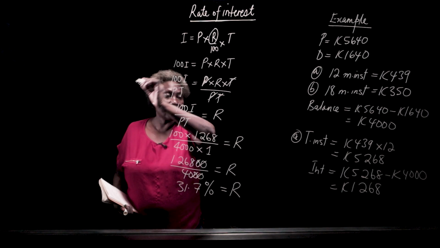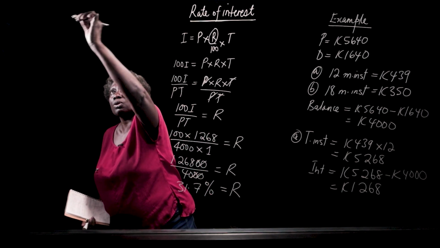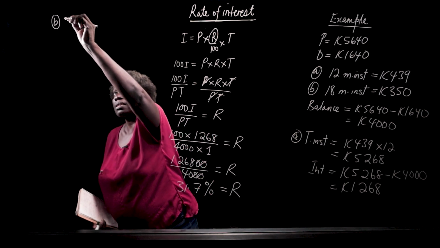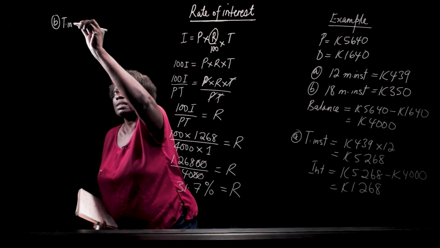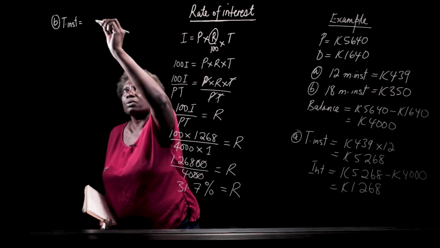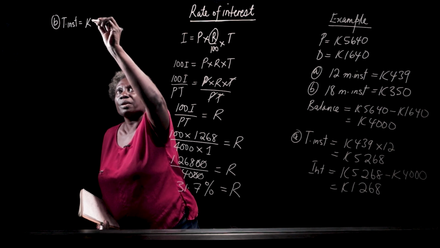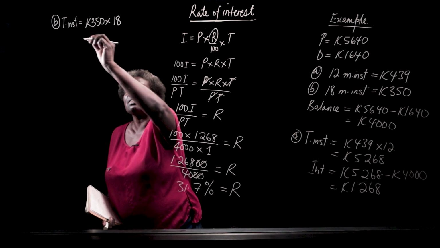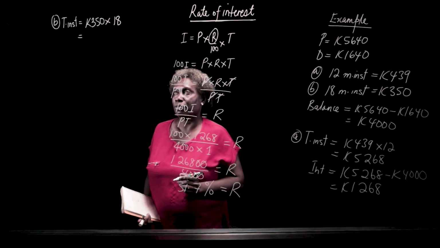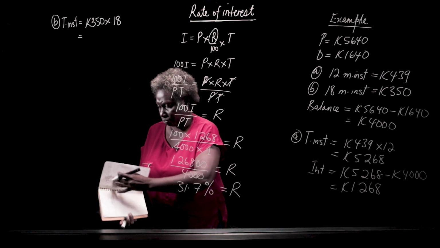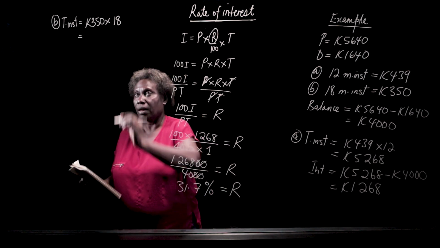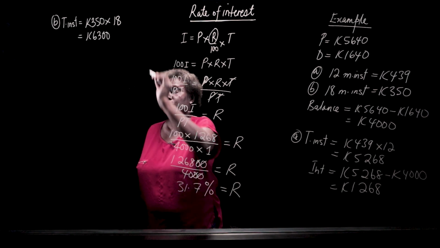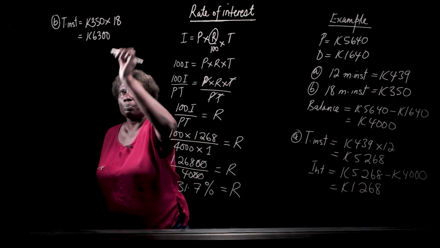Again, we are going to calculate the total installment for option B. Total installments is equal to 350 kina, which is the monthly installment, times 18, because she is going to make the payment for 18 months. That gives us 6,300 kina. That is the total installment that is paid.